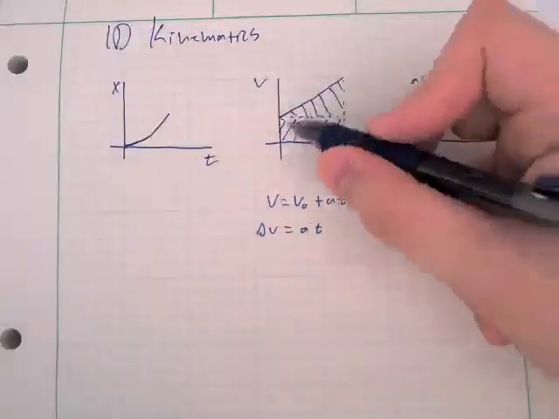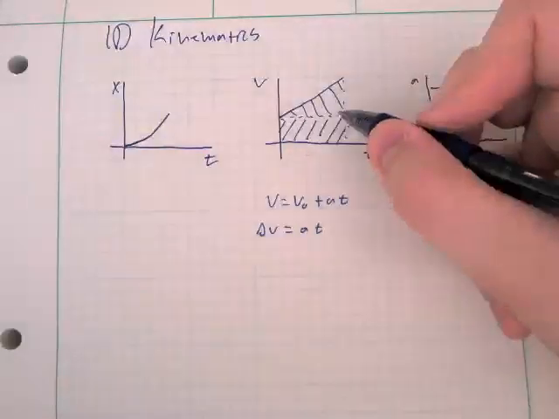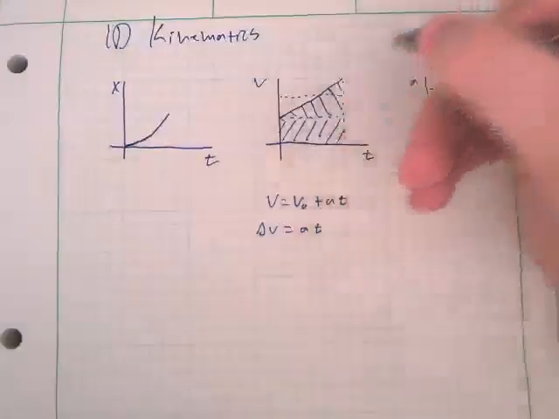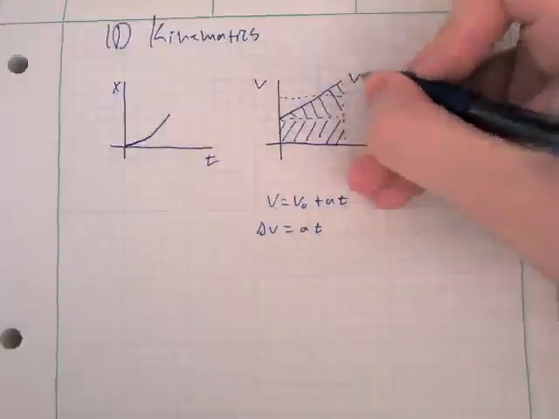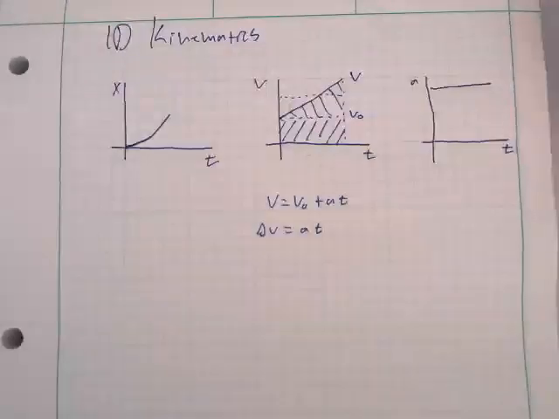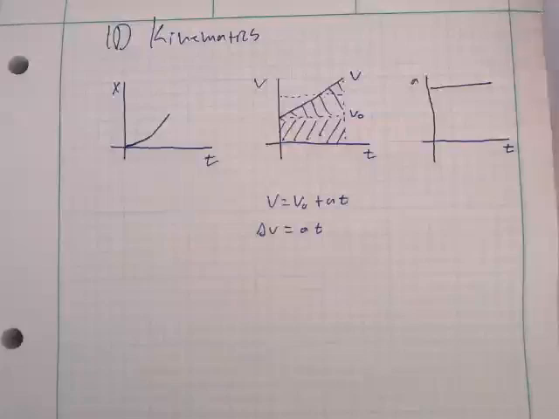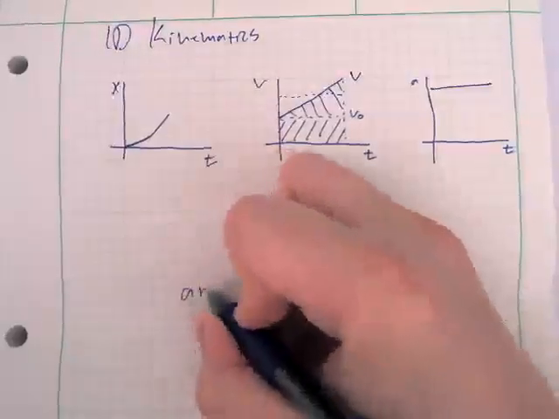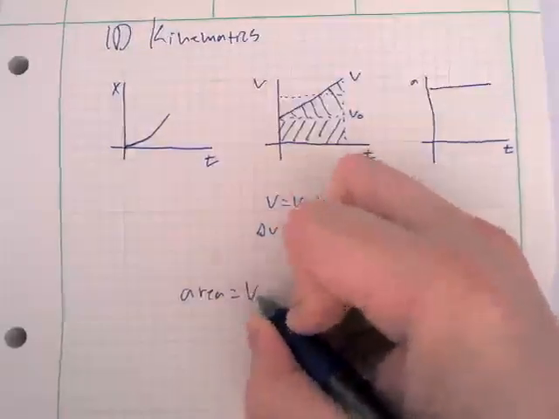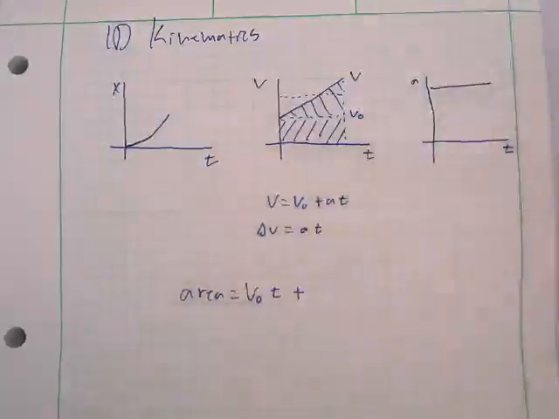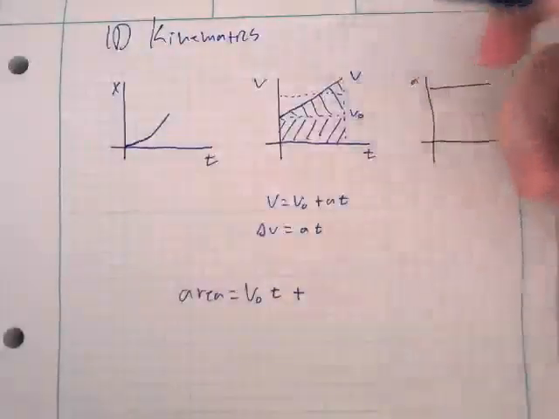So let's calculate this area. We have this triangle here, which is going to be about the halfway point. So this is V, this is V initial. And what we can say is we have something that looks like this. If we want to calculate this area, I would say the area is equal to what? V naught times T, plus the area of this rectangle.